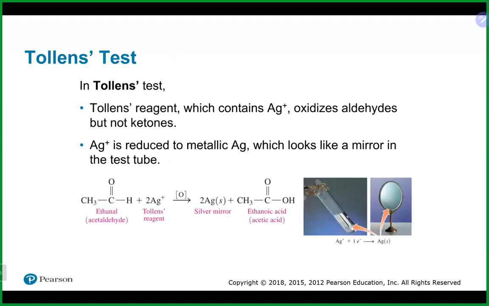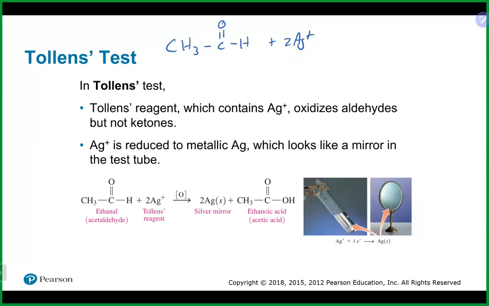And one test that you could run to determine whether or not that is the case is what is known as the Tollens test. The Tollens test is where they use silver, and it's really an oxidation reduction reaction that occurs. So we take our aldehyde and react it with some silver.